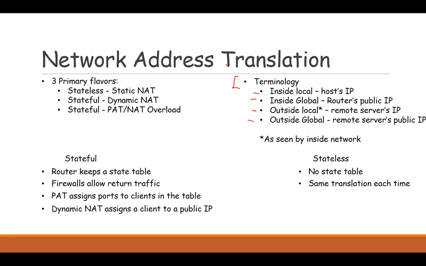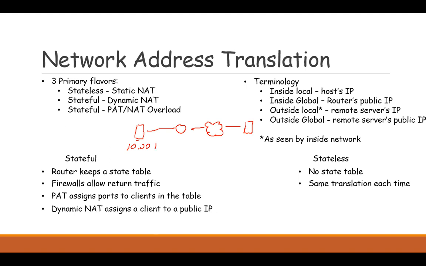And as far as NAT overload, just to give a little bit of a better sense here, say you've got your router and you've got your computer here, and you've got the internet and some other server that you're trying to access over here. So let's say your inside IP address is 10.0.0.1.